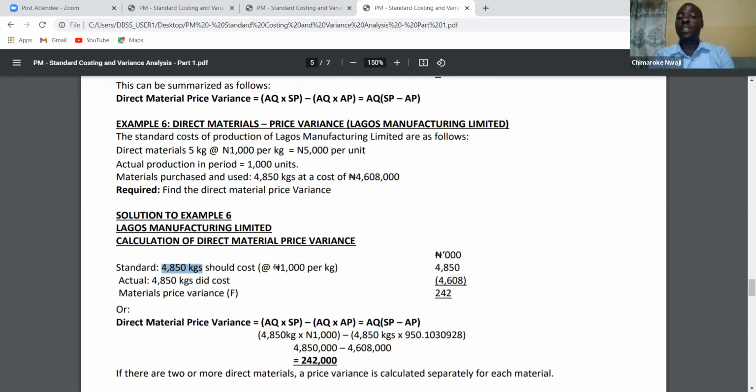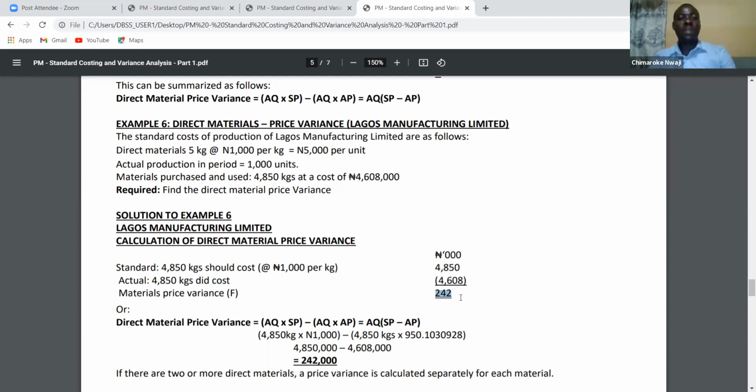If we have to spend 1,000 naira per kg, we would have spent 4,850,000. But how much did we actually spend? We spent 4,608,000. And so the variance is a favorable variance of 242,000. This is because we spent less than we budgeted.